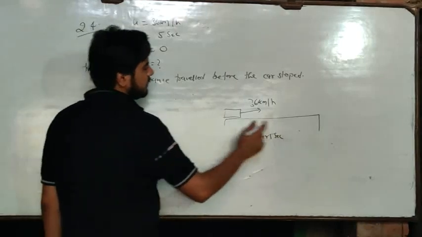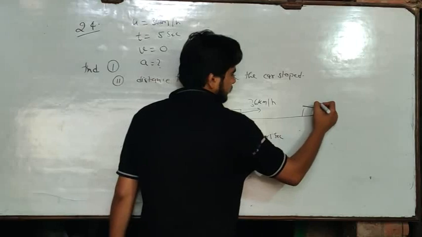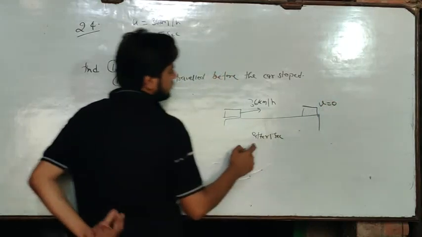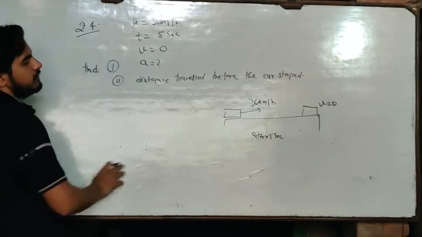After 5 seconds, the car stopped at this point. v is equal to 0. Time is 5 seconds. We have to find retardation and distance.